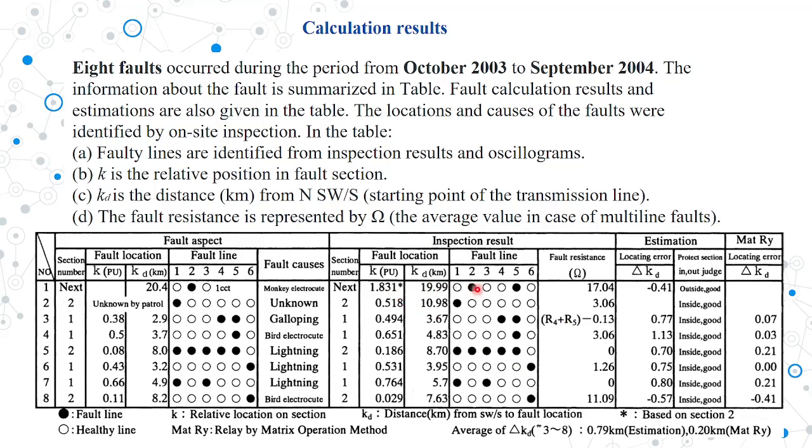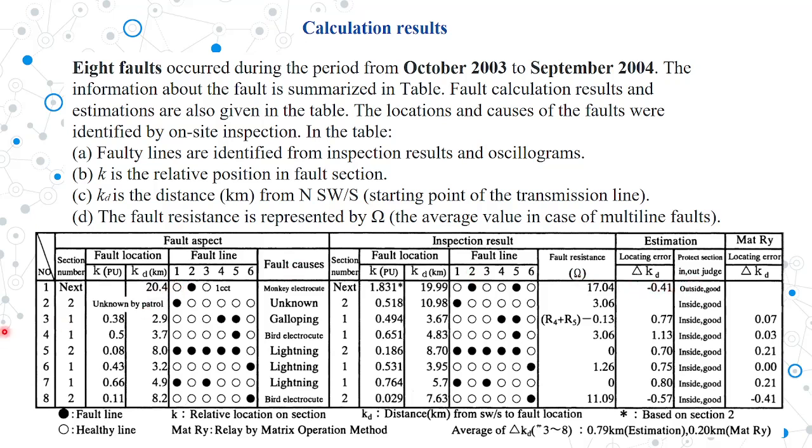So the fault per unit and the system we can calculate, and beyond that it is outside. How we analyze and receive this outside fault: our complete system is 14.6 kilometers only, but the fault occurs at 20.4 kilometers. So it is outside of our system.